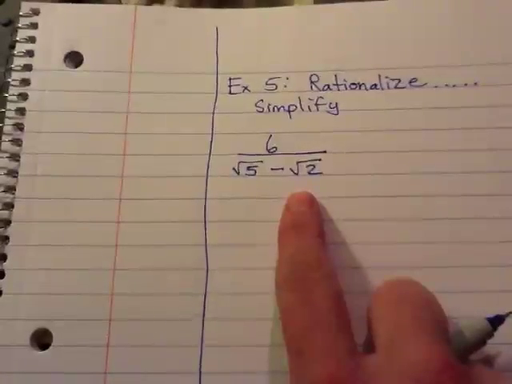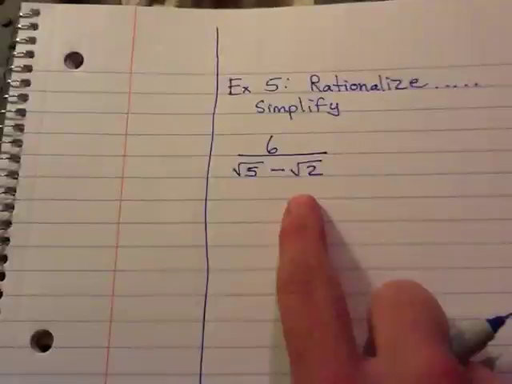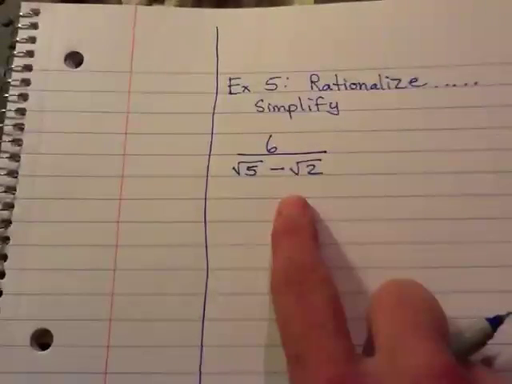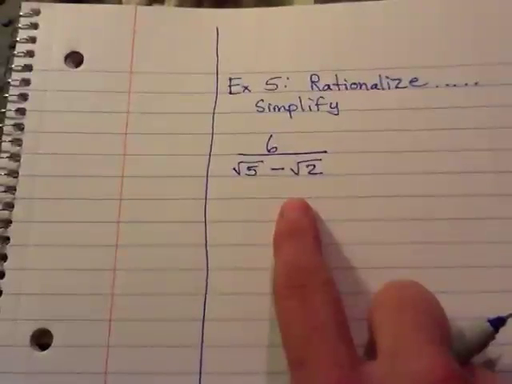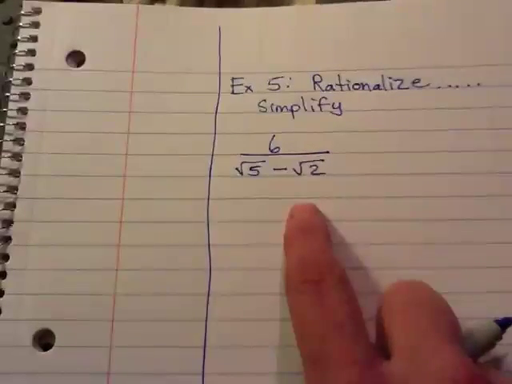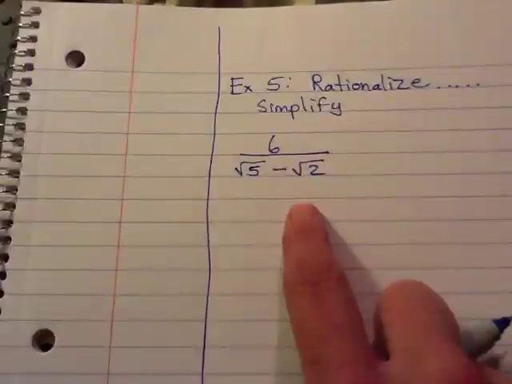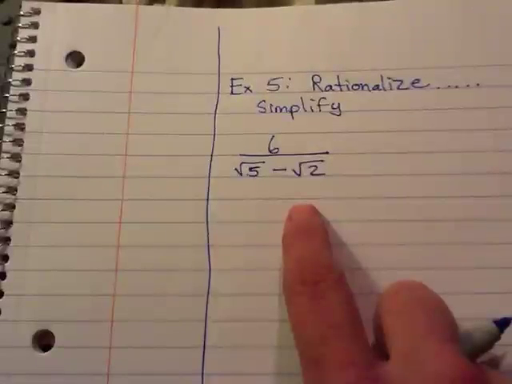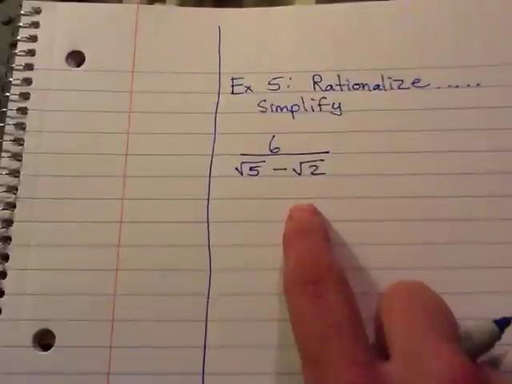And if you remember from example 4, when we were multiplying those two binomials that were a difference of squares, when we multiplied those together, all of our square roots ended up canceling, and we ended up with just an integer answer. So that's something called your conjugate.